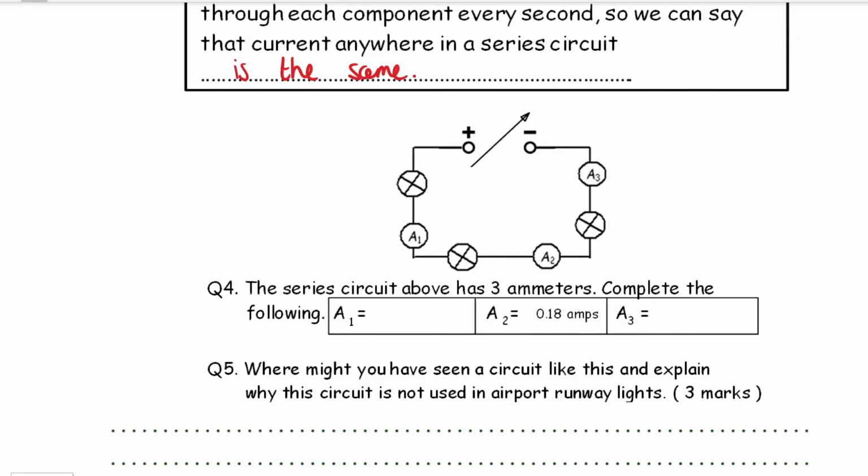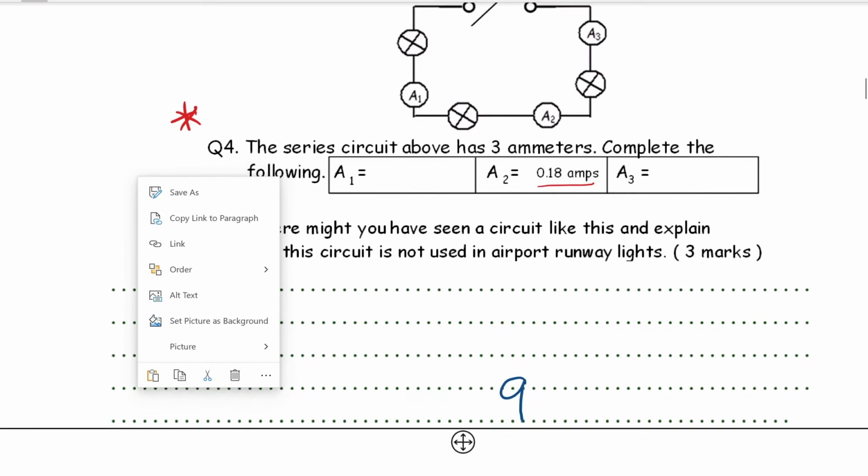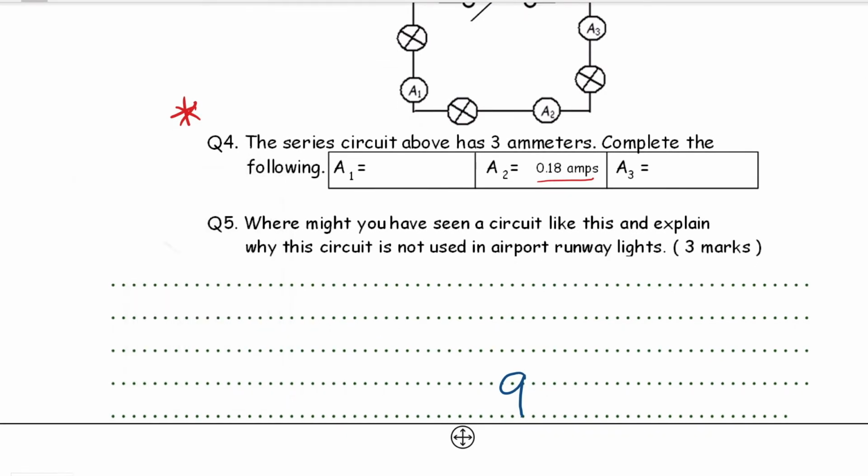Question 4 is one that I would like you to do. So you need to work out the current for A1 and A3. Big clue there. Question 5, I won't write it down, but I'll give you a verbal answer to help you.